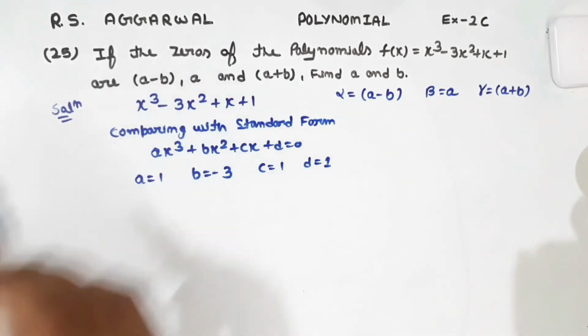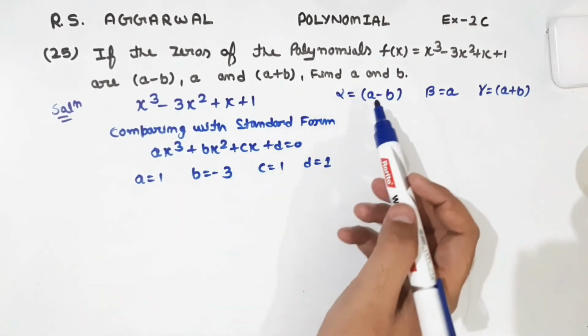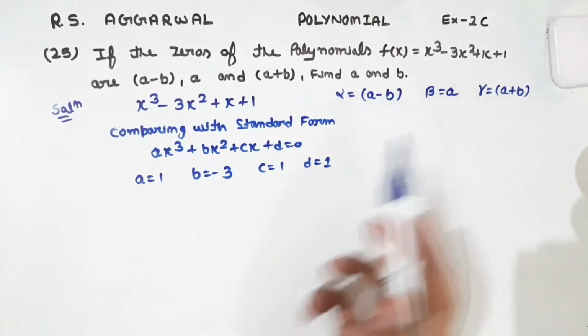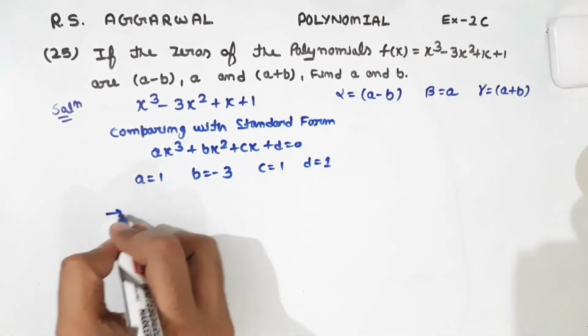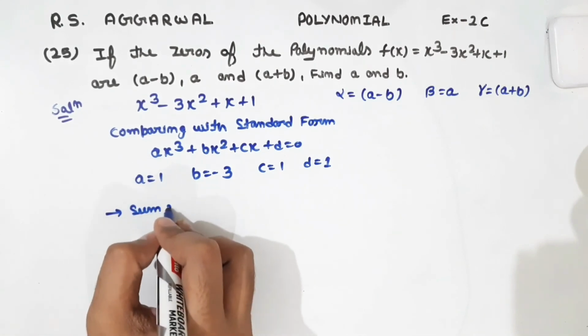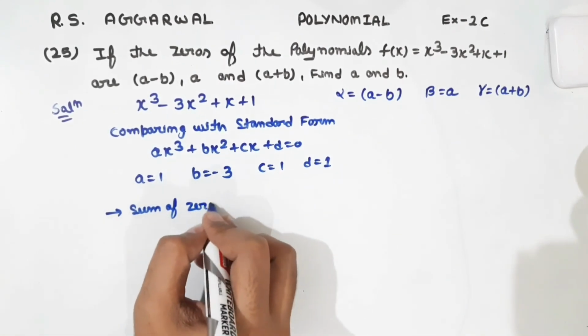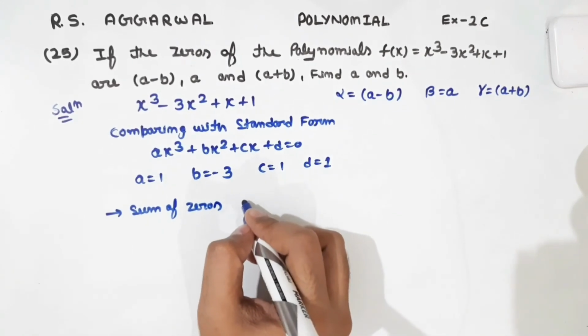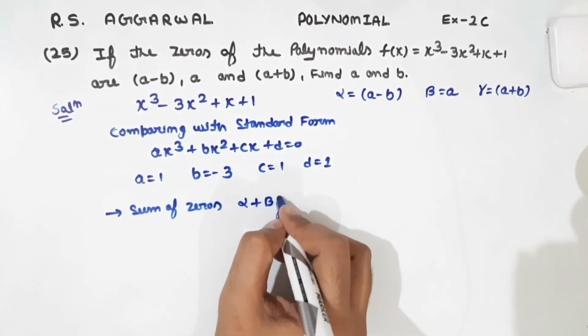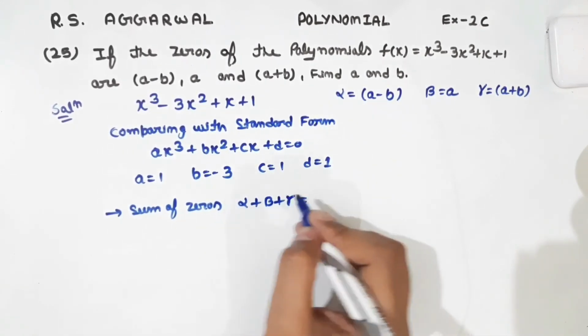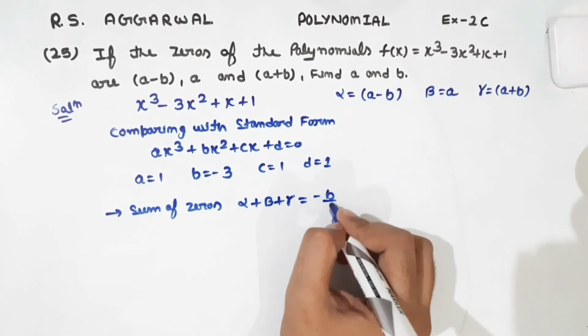For this polynomial whose zeros are a minus b, a and a plus b, the sum of zeros, alpha plus beta plus gamma, will be equal to minus b upon a.